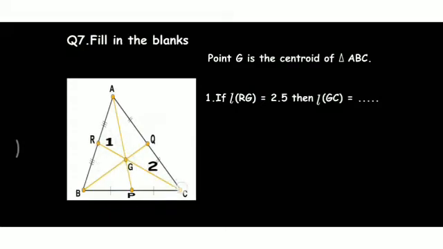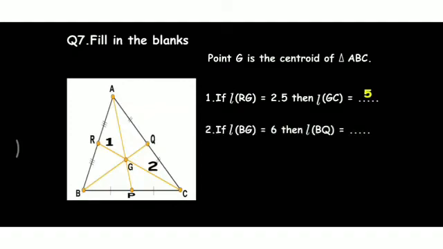What will be the two parts? We will multiply 2.5 into 2 and we will get the length of GC. So 2.5 into 2 will be 5. So length of GC will be 5.